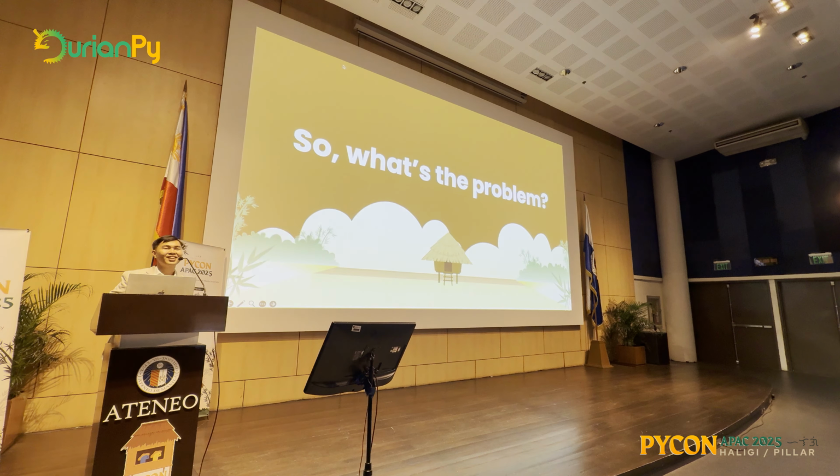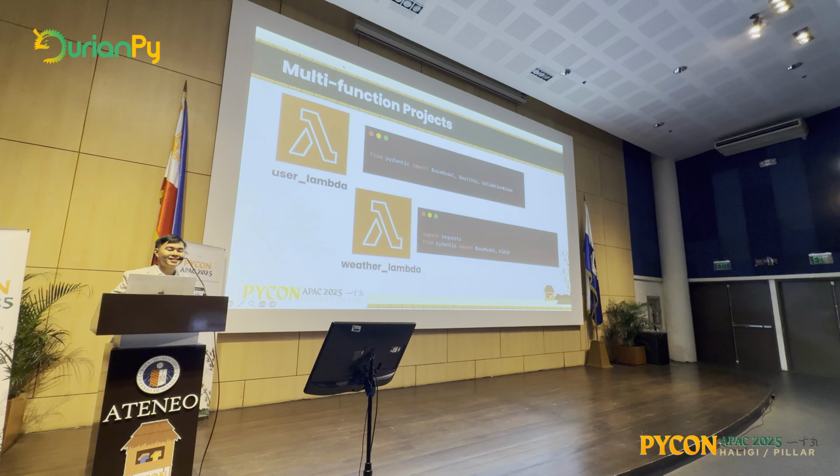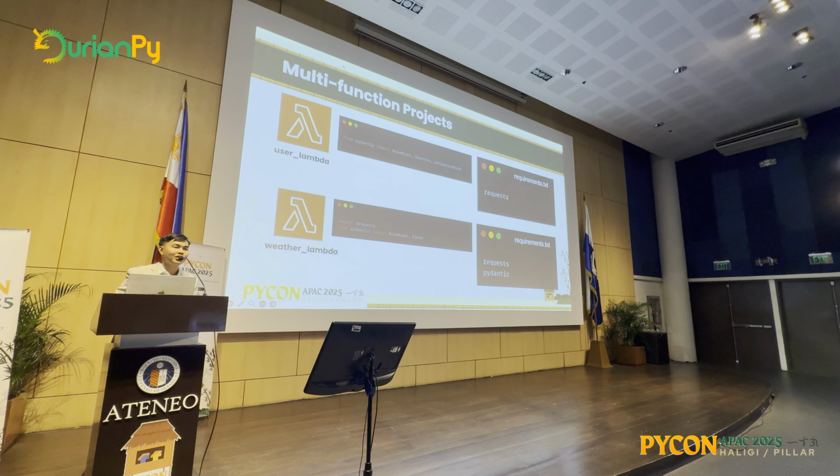What's the problem? Where do the pain points occur? The pain points occur in multi-function projects. For example, we have this function that has Pydantic as a dependency and another function that has Pydantic and requests as dependencies. One really good way to manage the size of our Lambda functions is to have a separate requirements file for each Lambda function, just like that.